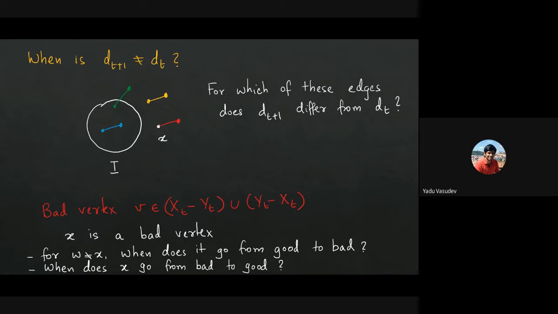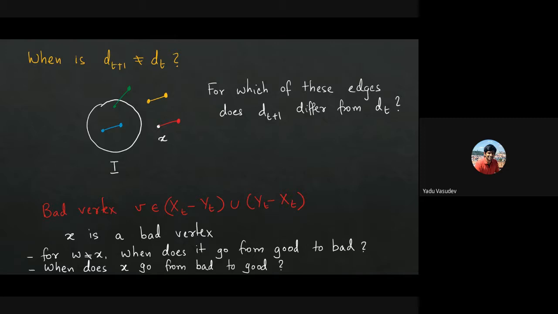So now let's try to see how dt plus 1 is varying from dt. For dt plus 1 to increase, you want a vertex that is not equal to X to go from good to bad. The only bad vertex in this set is X, because take any other vertex: either it is there in both XT and YT, or it is not there in either of them.